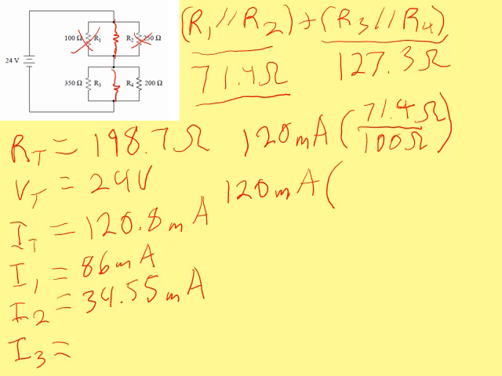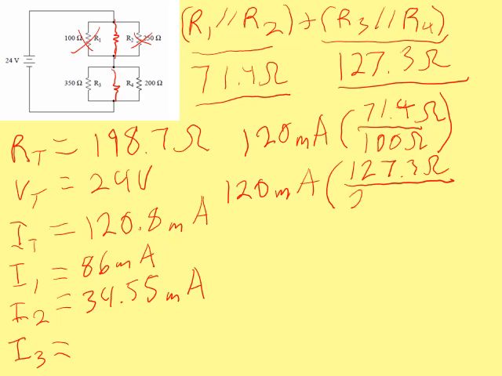So this time we put 127.3 ohms on top, because that is the branch parallel combination, our total for the branch.